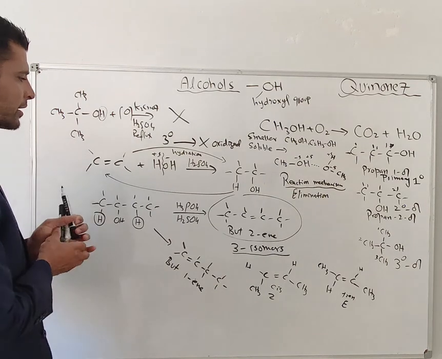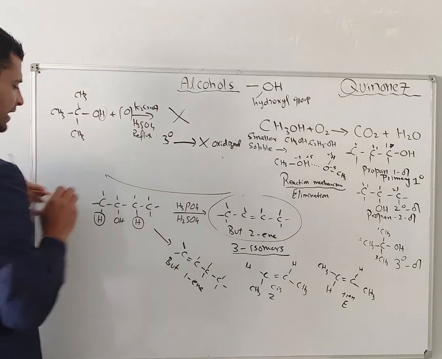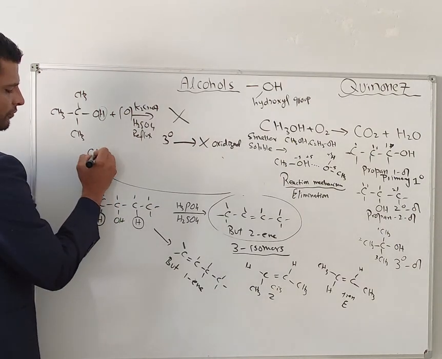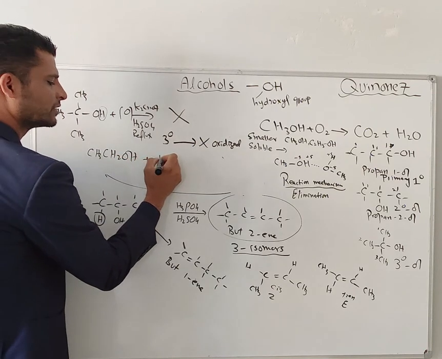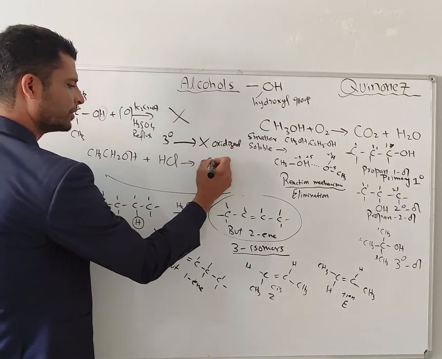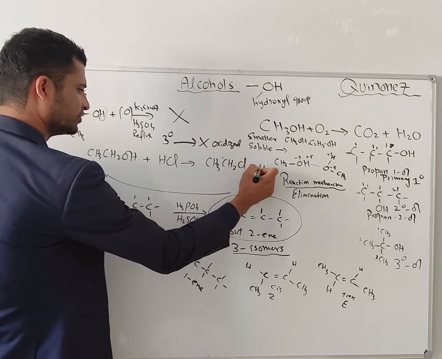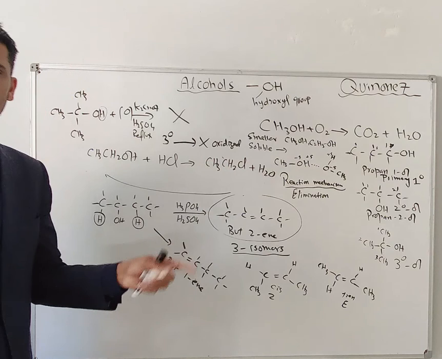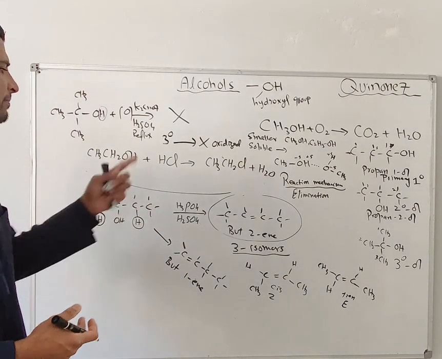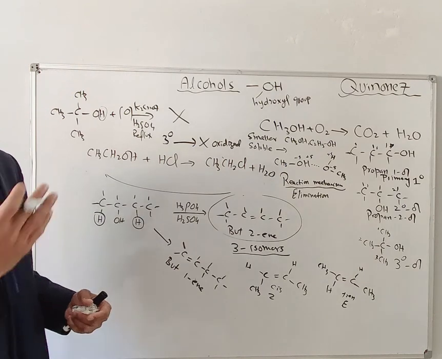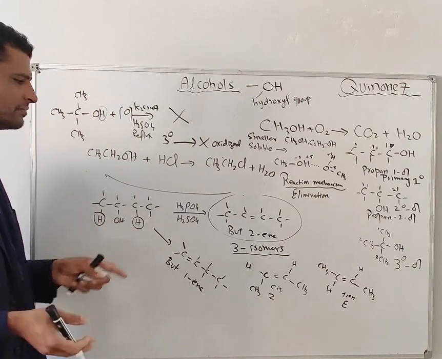One more chemical reaction which you've been doing, especially with haloalkanes. If you have an alcohol, for example CH3CH2OH, and you react it with hydrochloric acid, you produce CH3CH2Cl plus H2O. This is better if you react sodium chloride with sulfuric acid to produce hydrochloric acid and sodium sulfate, and then the chloride ion will be more available. But that's something I'm not going to get into.